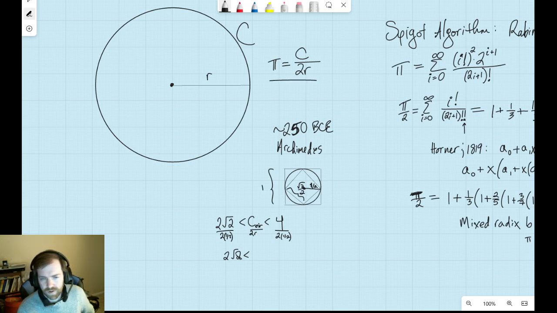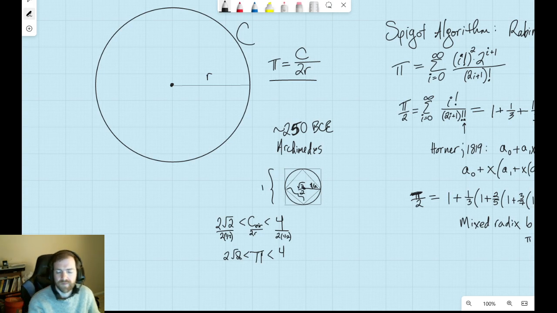So it's just pi here, is less than 4 over 2, which is just 2. That can't be right. Nope, it's 4. Right, 2 times a half. So our pi value is somewhere between 2√2 and 4.